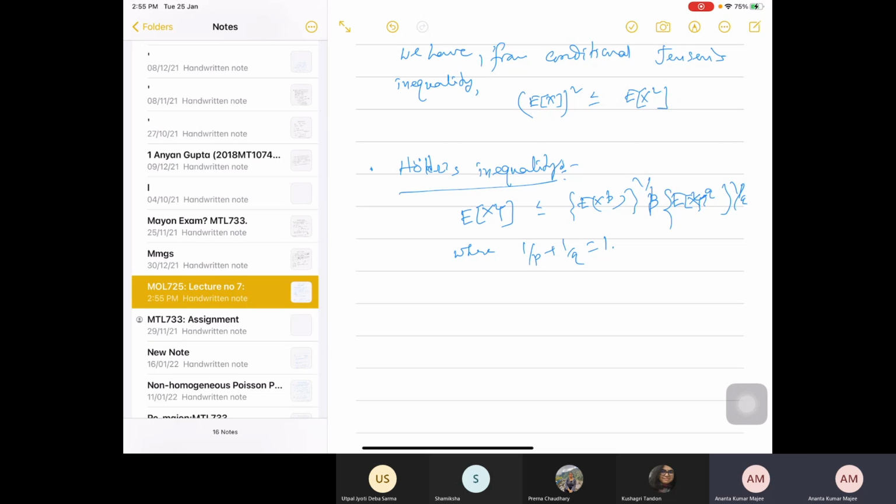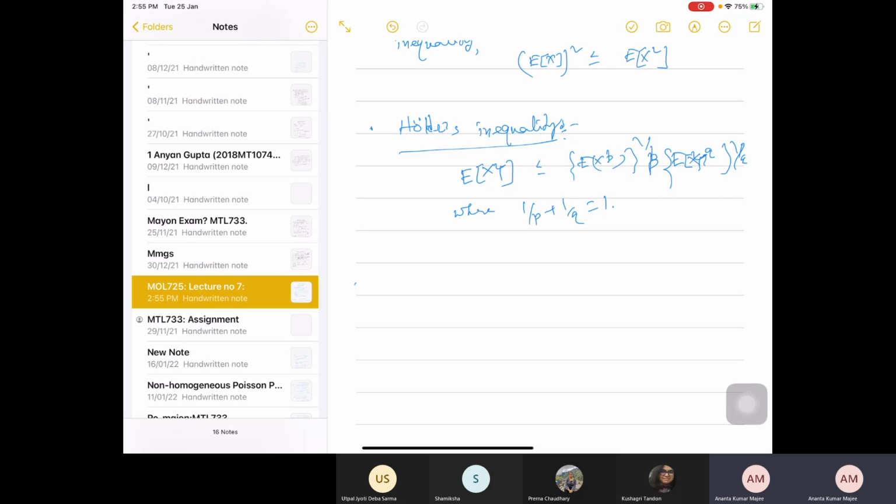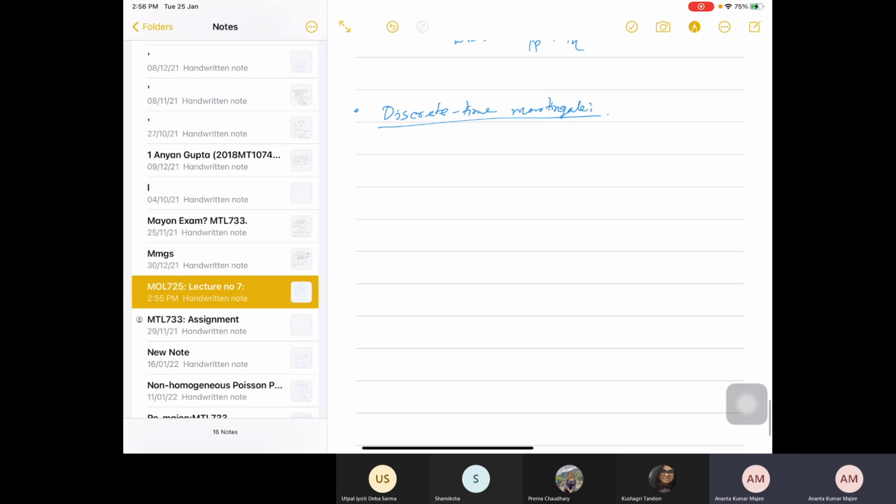So now, with these definitions and properties of conditional expectations in hand, we will define the so-called discrete martingale. Before defining the discrete time martingale, let us recall again. I am saying that Fn is a filtration.